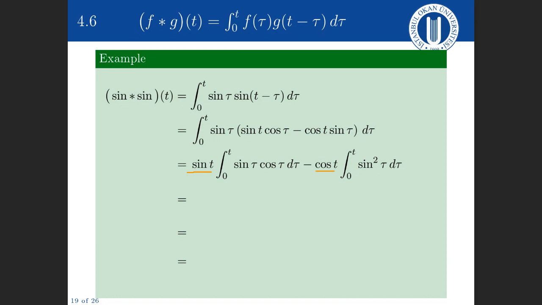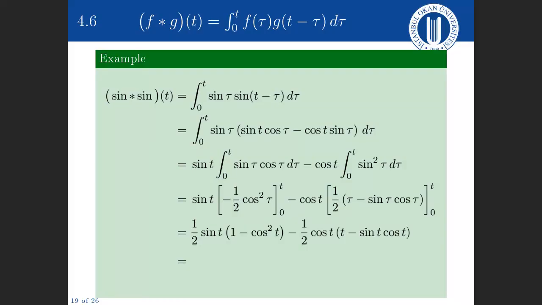We have the integral of sine tau cos tau and the integral of sine squared tau. But we know how to do these, we did these in calculus. I get a half sine t times 1 minus cos squared t, minus a half cos t times sine t cos t. And this will simplify to a half sine t minus t over 2 cos t.